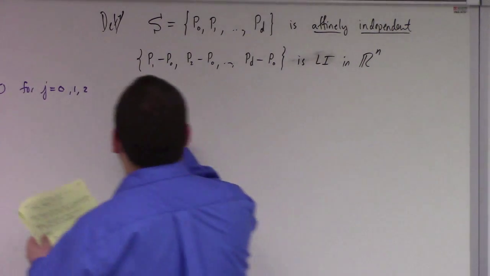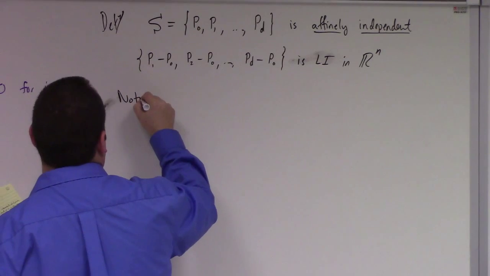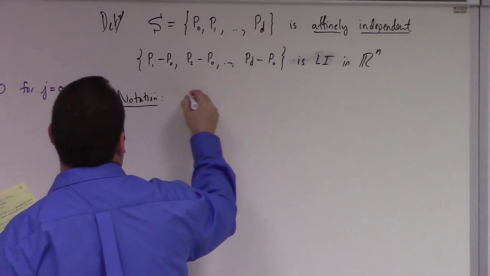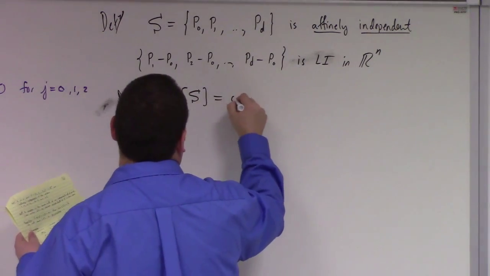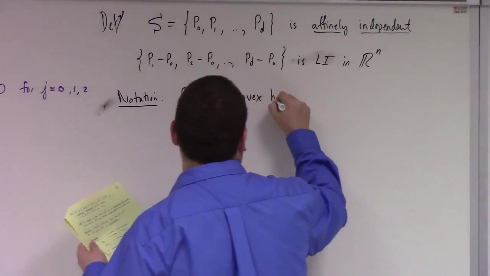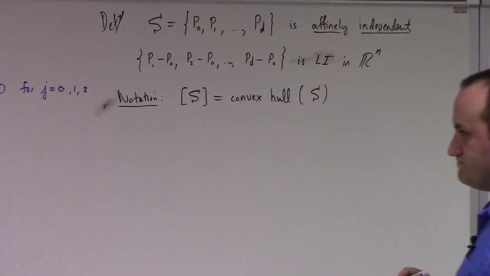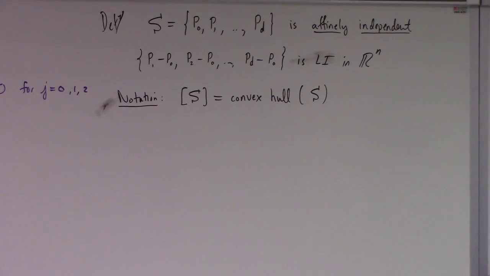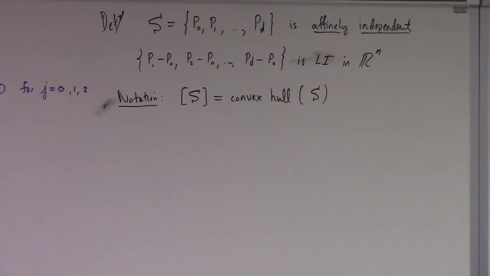Okay, so by the way, notation, we'll keep using this notation. If you do square brackets S, this is the convex hull of S. For example, in my example over here, I could say that P is equal to the convex hull of P naught, P1, P2.